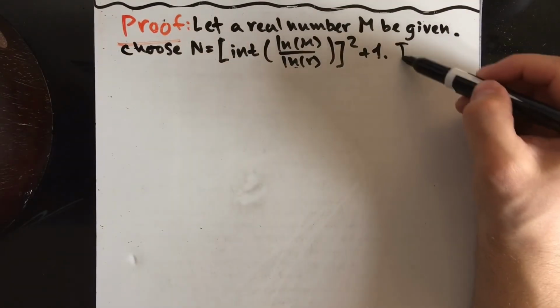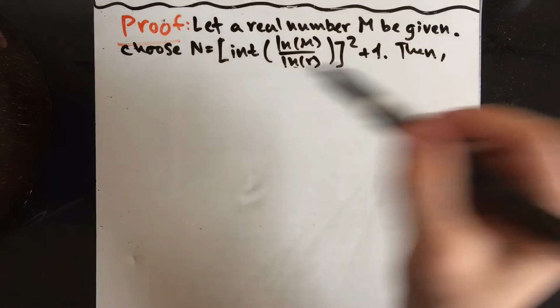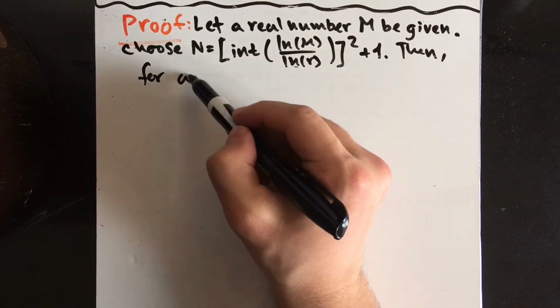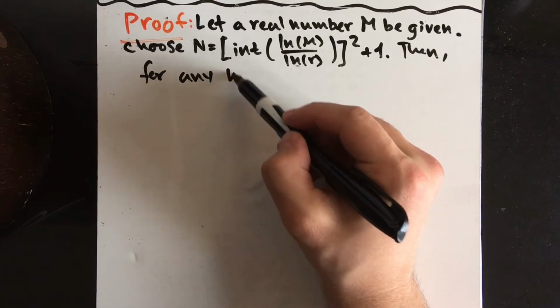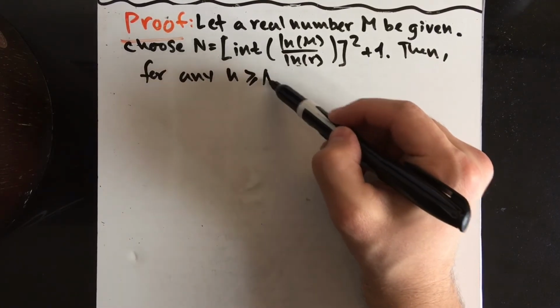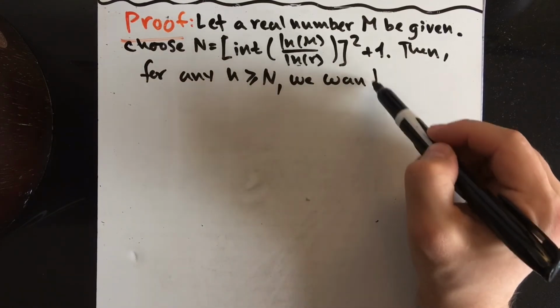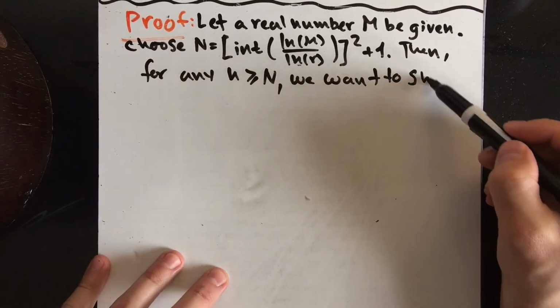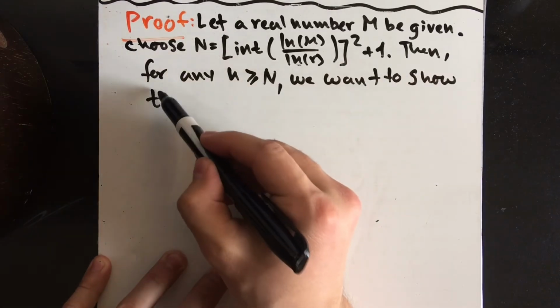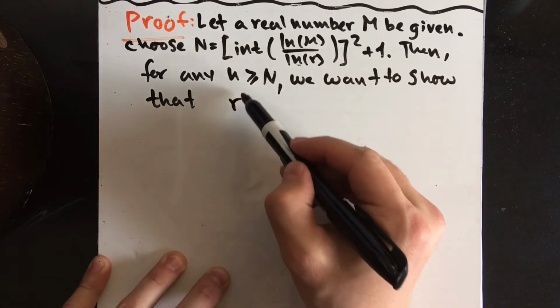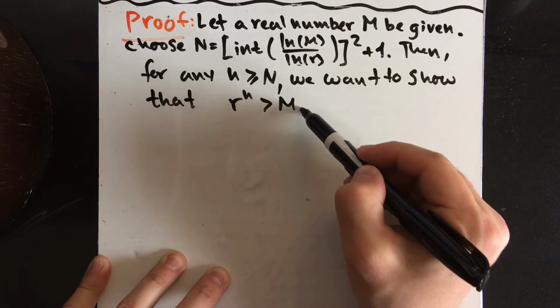So we write, then for any natural number little n greater than or equal to N, we want to show that the sequence r raised to the n is greater than capital M.